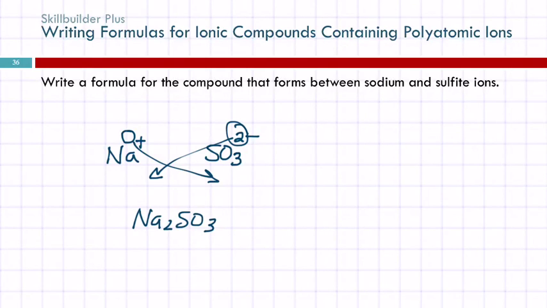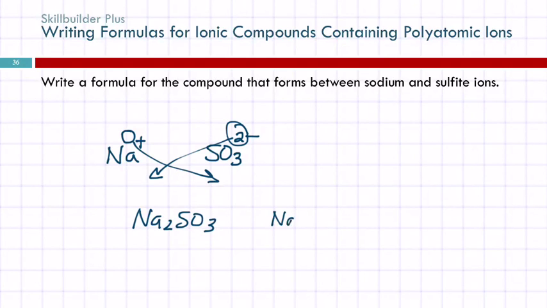We don't write the charges in the chemical formula. So you need to write the charges here until you get really good at this, which may or may not happen this semester. It's okay. You need to look at the charges here so that you can tell how many of each of them you need. And so I want you to write these down. We don't write the charges in the formula because that would make things really messy.